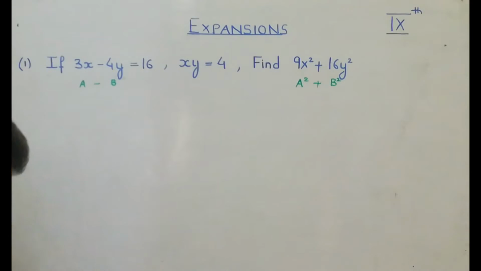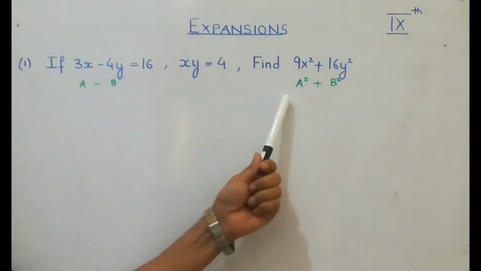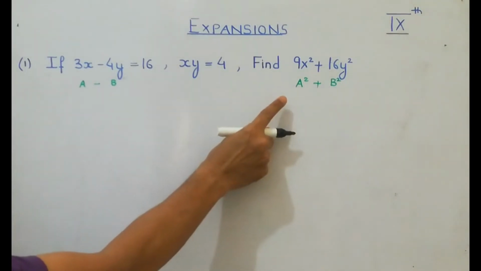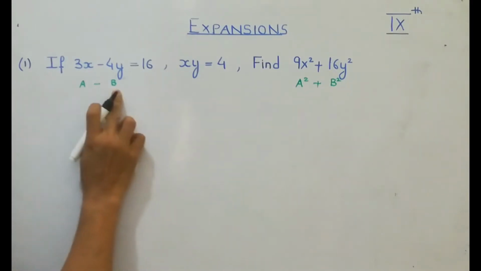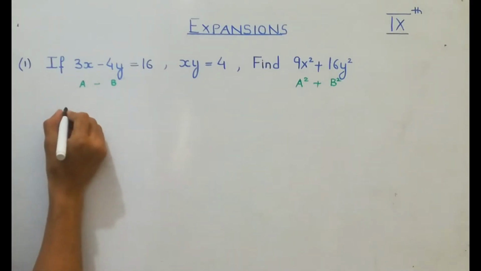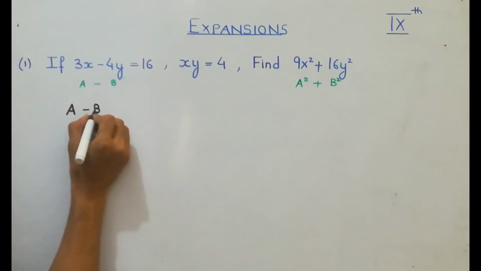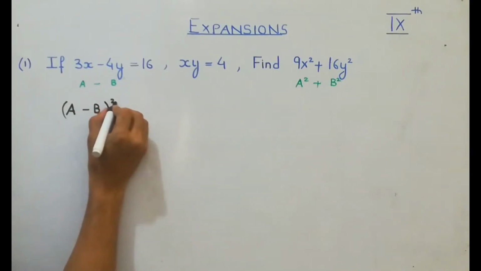Now remember, this A square plus B square is found in A plus B whole square as well as in A minus B whole square. Here A minus B is given to us, and we need to find A square plus B square. So we are going to use A minus B whole square.